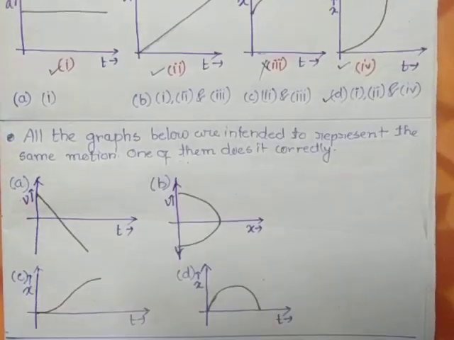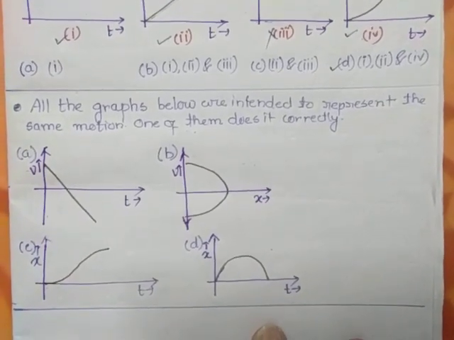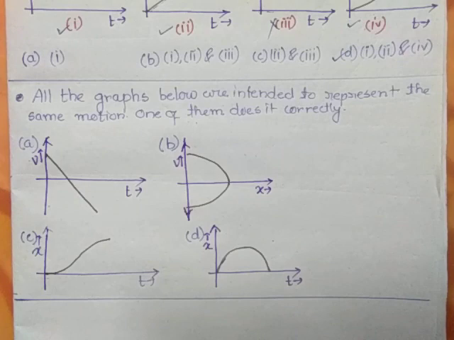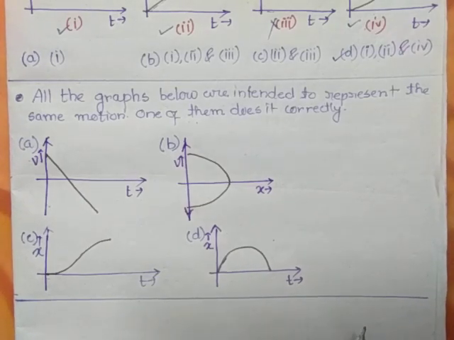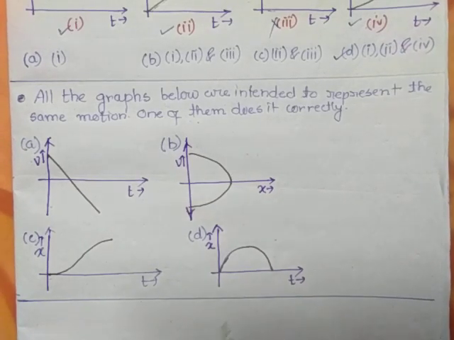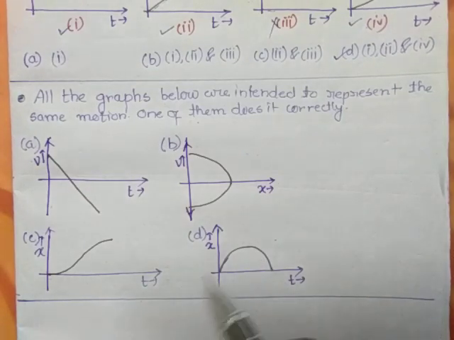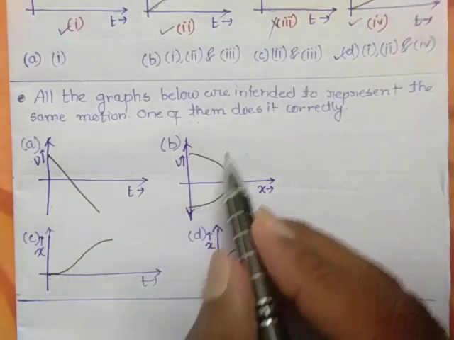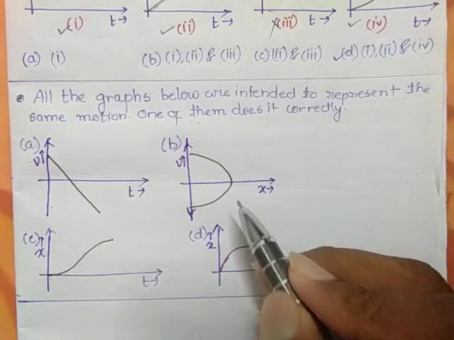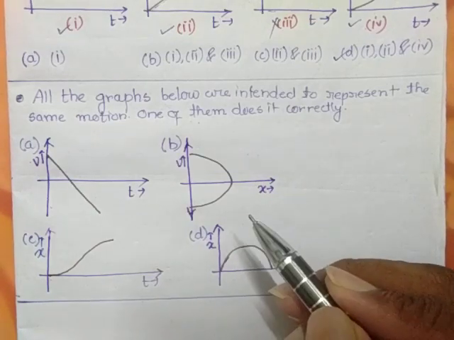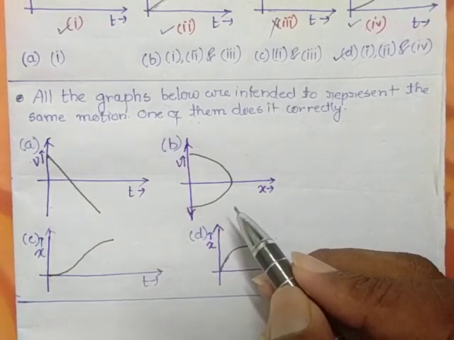The next question is, all the graphs here are intended to represent some motion, and one of them does not represent it correctly. We have to find out which one does not correctly represent the motion.